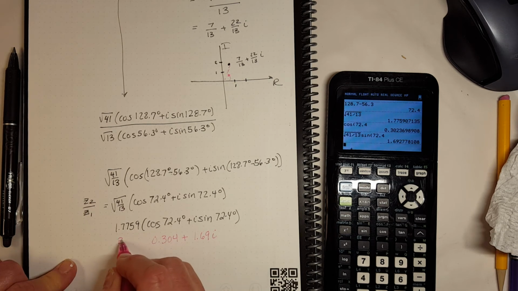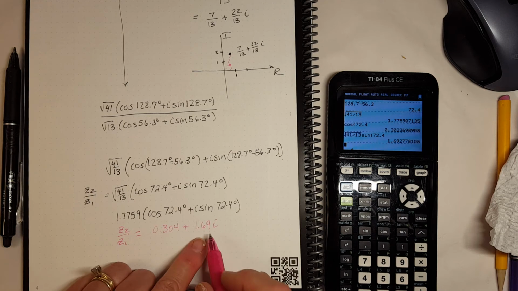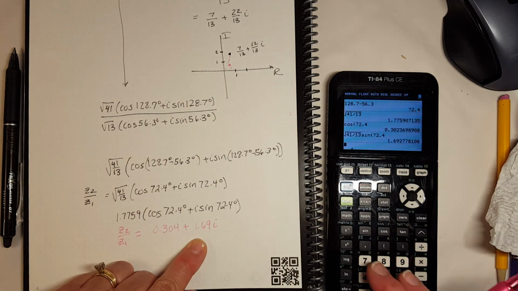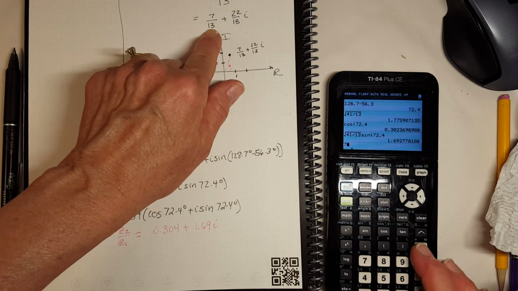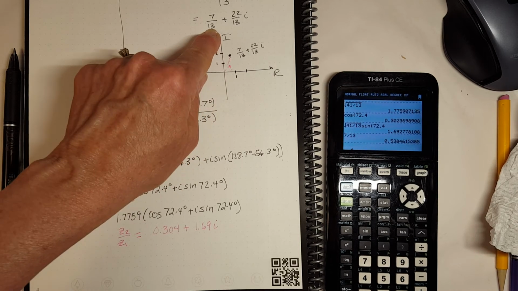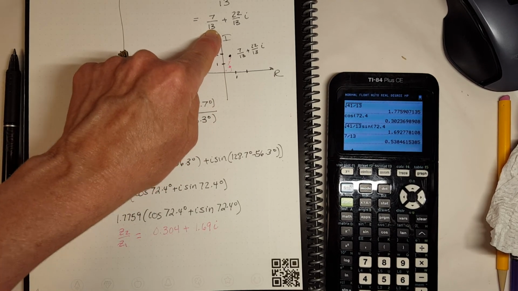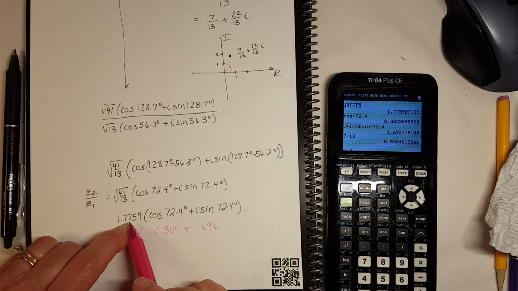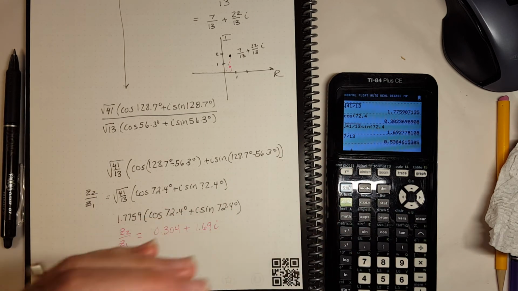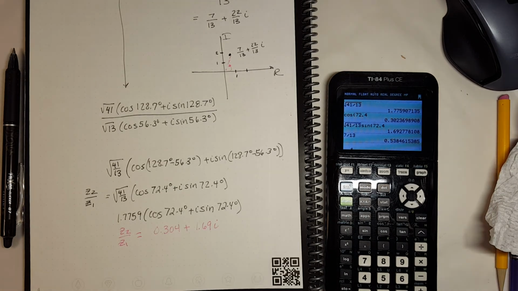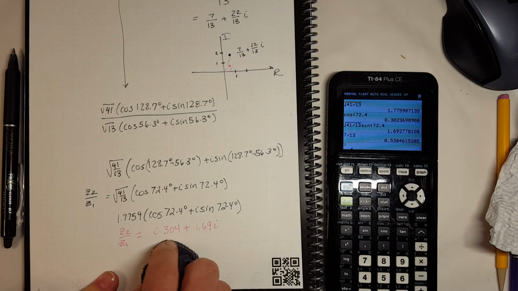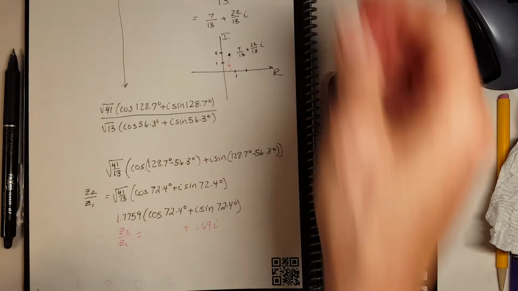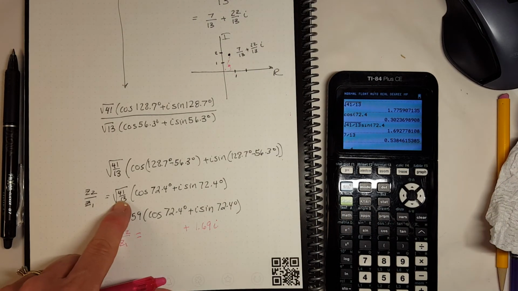So z2 over z1 is equal to that. Now let's see if our numbers up here, 7 over 13, 7 divided by 13 is equal to, oh shoot, I didn't multiply the 1.7759 by the cosine. This number is wrong. Sorry. The other one is fine, but 0.304 is the cosine of 72.4. It's not the product of the 41 over 13.